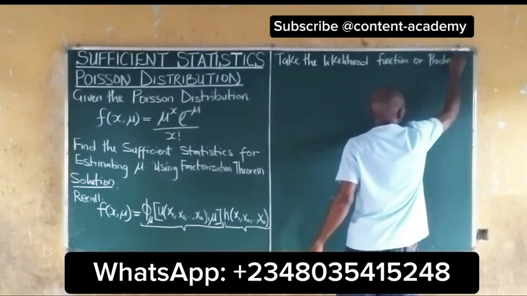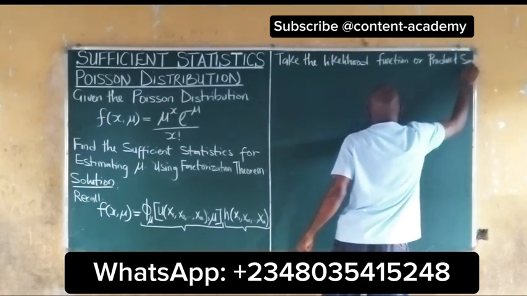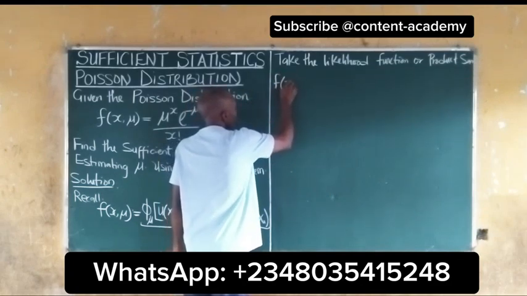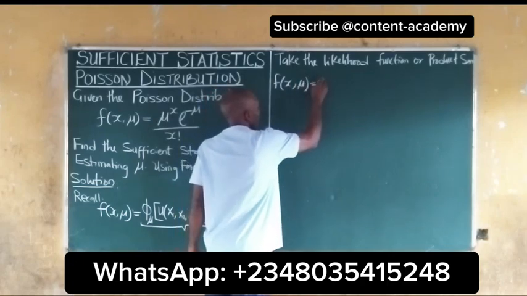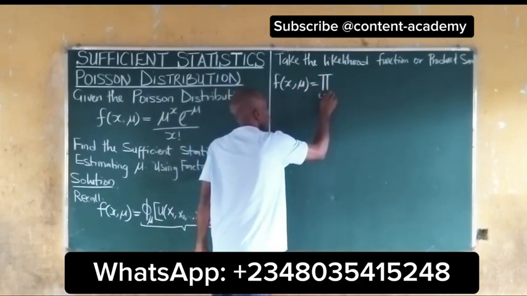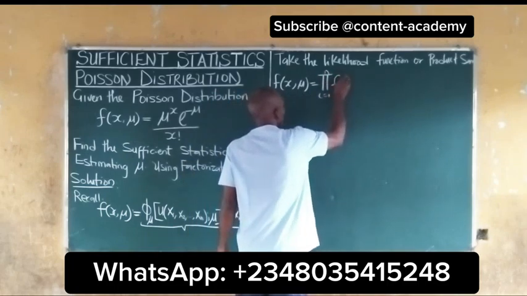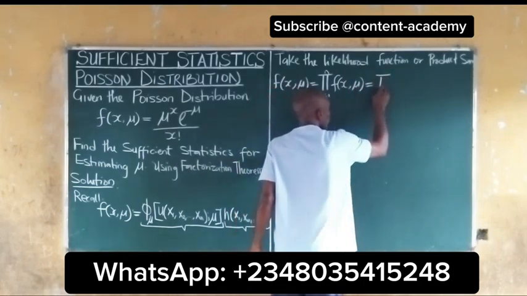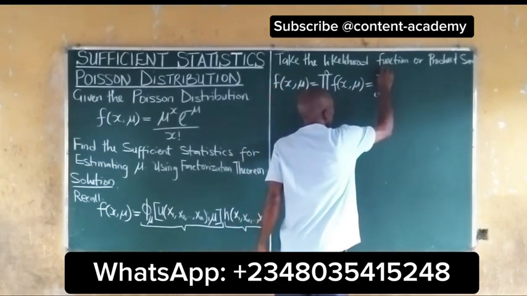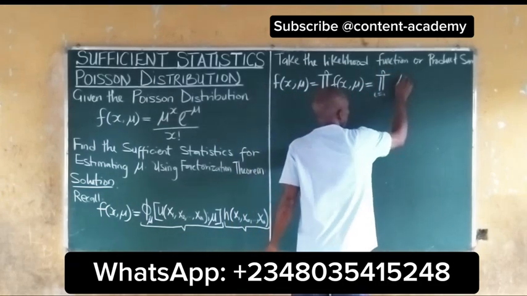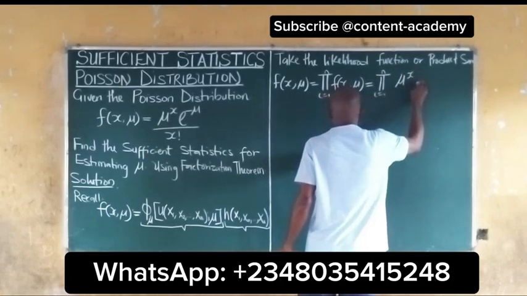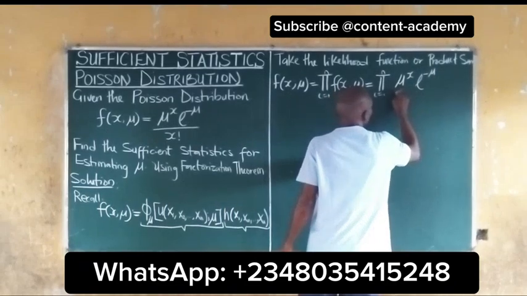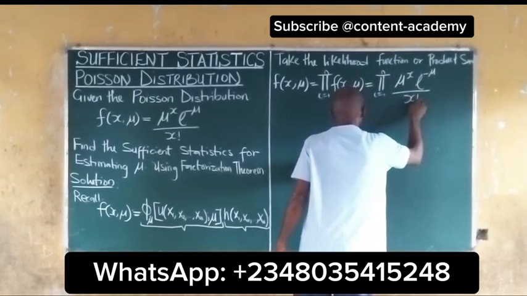The product, or the likelihood function, can be written as this. This is the sign for the product of the given function, which is equal to mu to the x, exponential negative mu, all over x factorial.